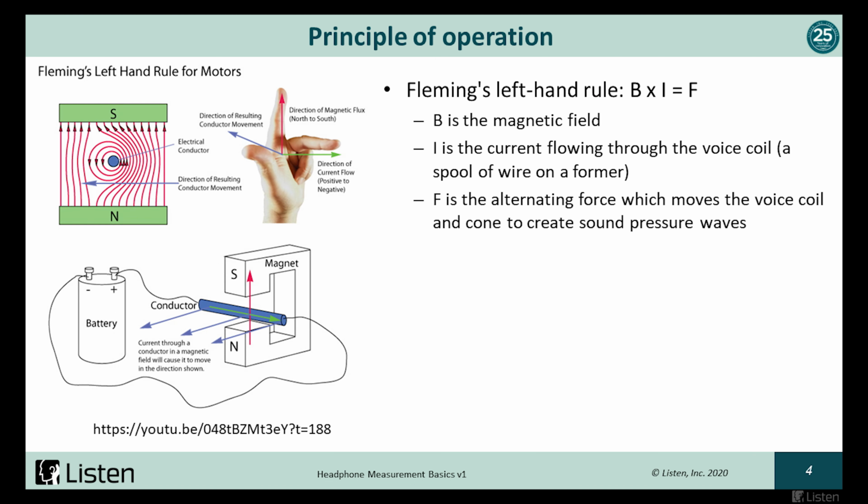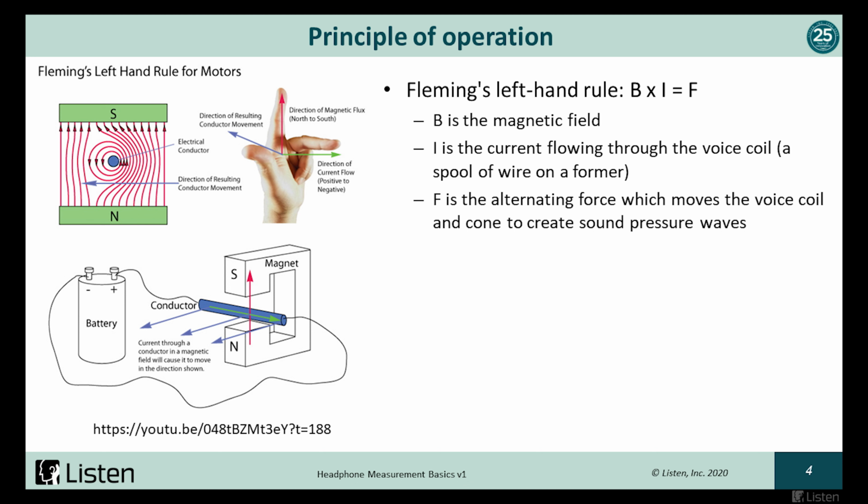So the principle of operation is really very straightforward. It's based on, I don't know how many people studied this in school, Fleming's left-hand rule, which is for motors. And there's also a right-hand rule, which is for things in the opposite direction, like a microphone.